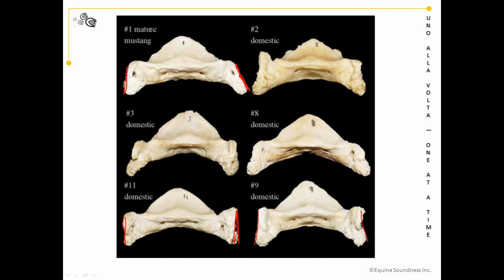But all of this again is speculation. But we have taken enough hoof capsules apart to make these conclusions that you really have coffin bones like this because they have given in, the bone has receded from the pressure of the hoof capsule.